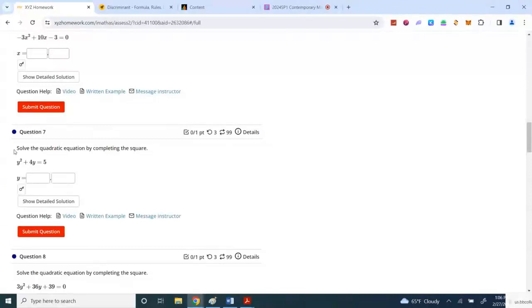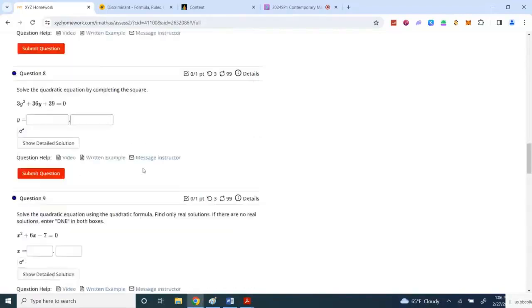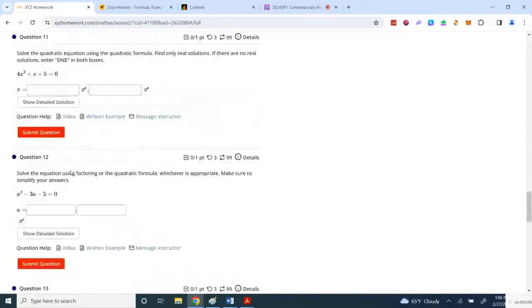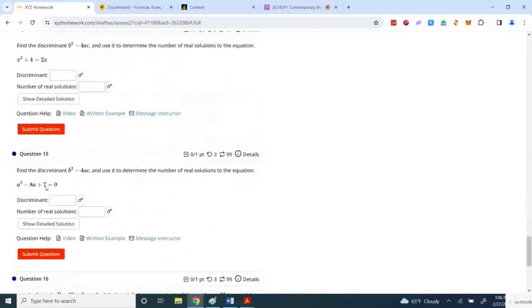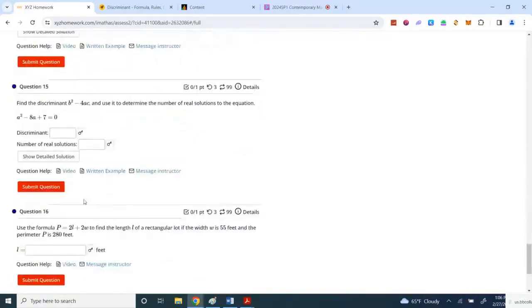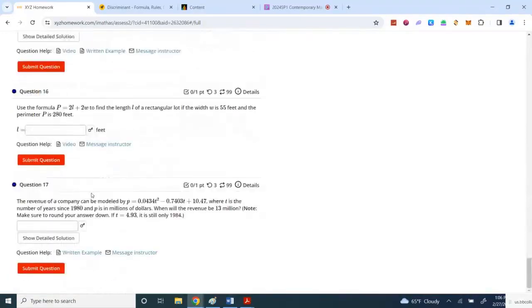I believe that was in there. But solving an equation by completing the square was not in that 101 course. Also, they talk about a discriminant, and that discriminant concept was not in the 101 course. So those would be some of the new things that are in the second part of module 3.